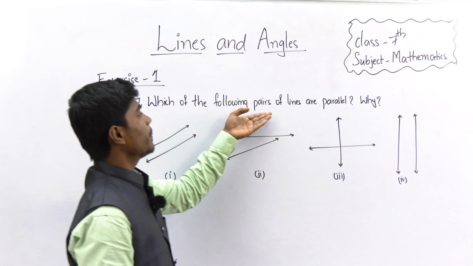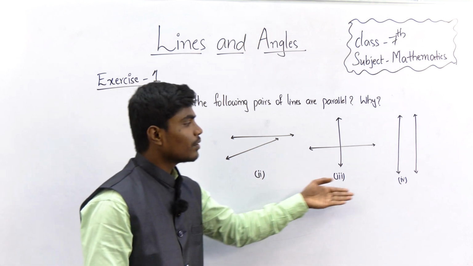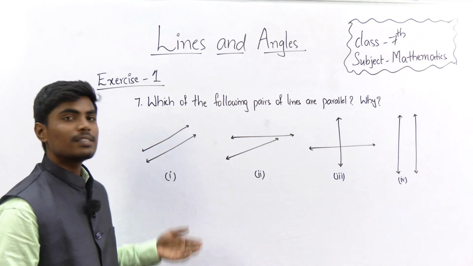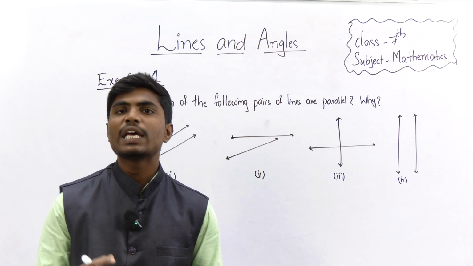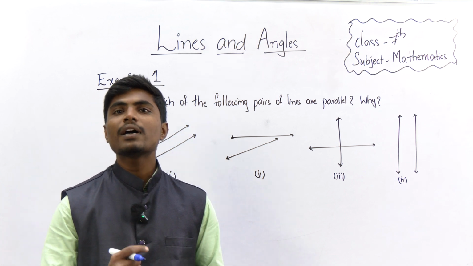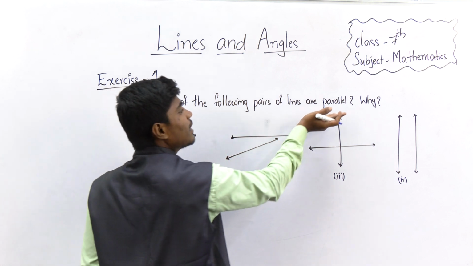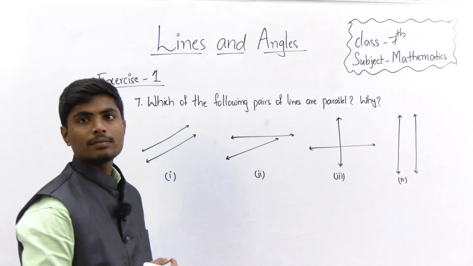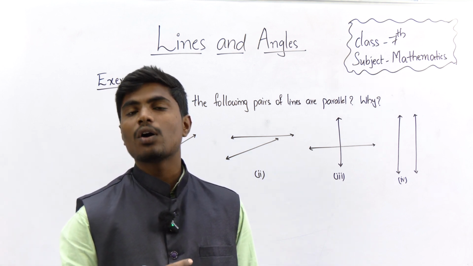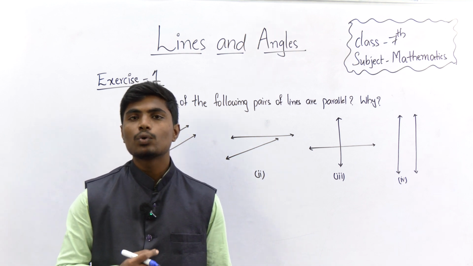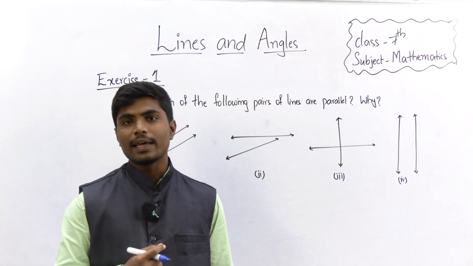Which of the following pairs of lines are parallel? Why? Here he gave 4 figures, and he is asking which of these figures are parallel, and if they are parallel, what is the reason. When 2 lines have no intersecting point, or they do not intersect each other, then the lines are called parallel lines.